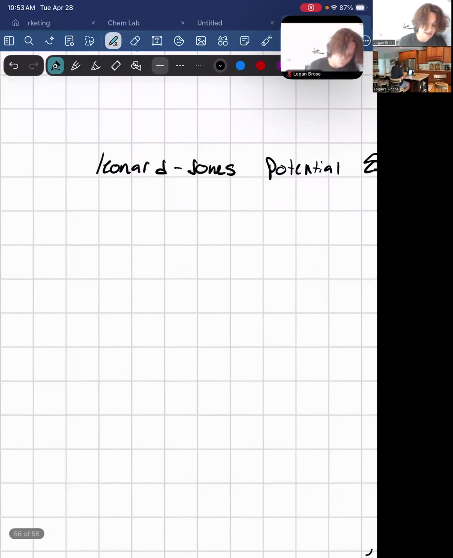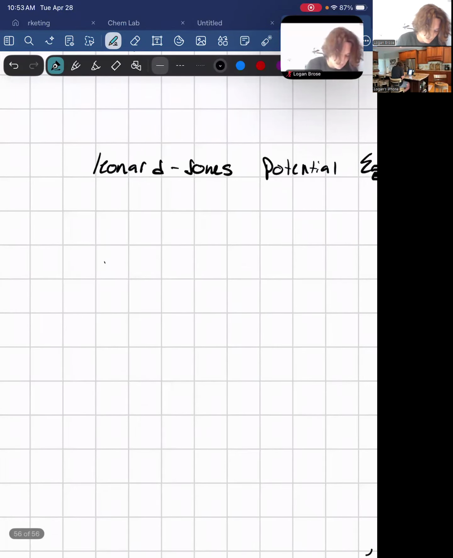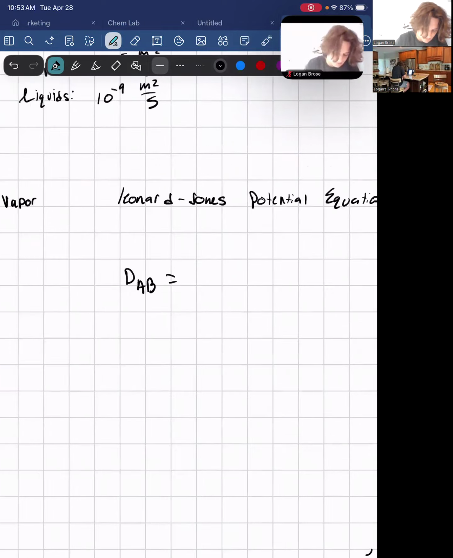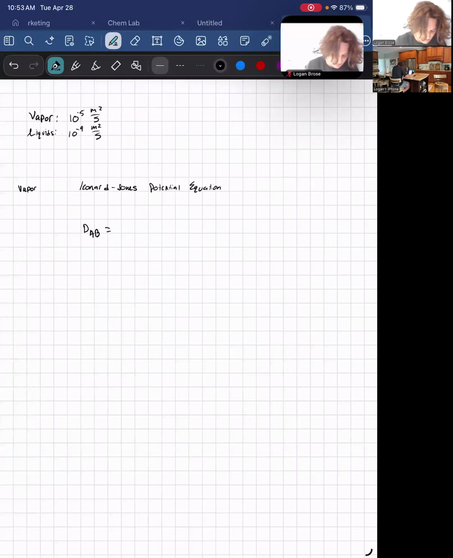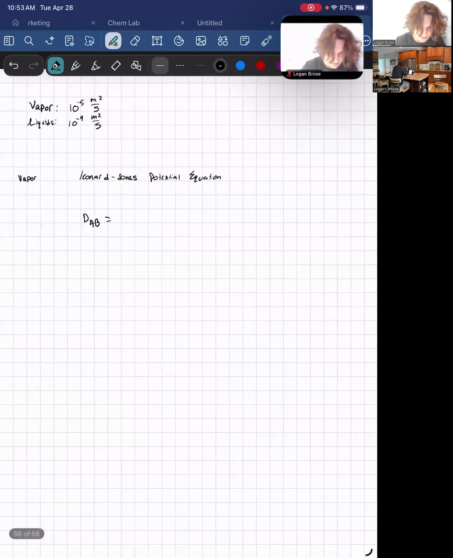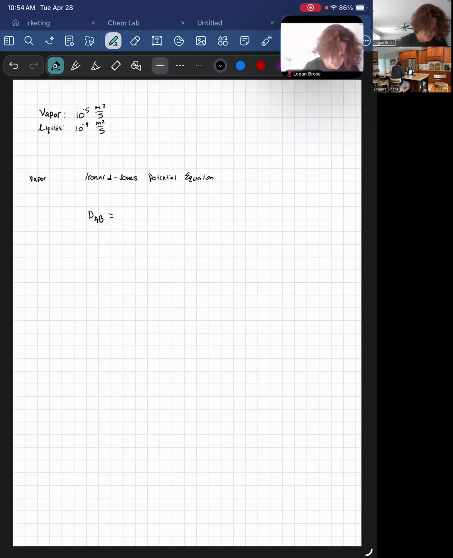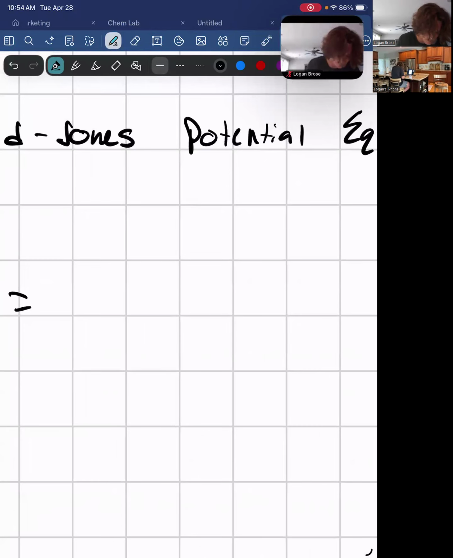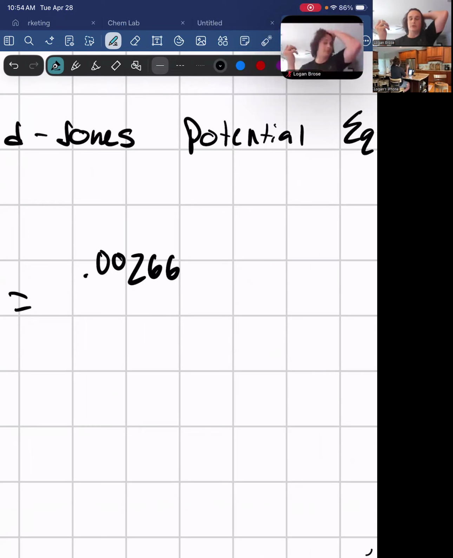And so what that is, our diffusion coefficient of A to B is going to equal 0.00266. This is an experimentally determined value. This is just a random number that they made up.